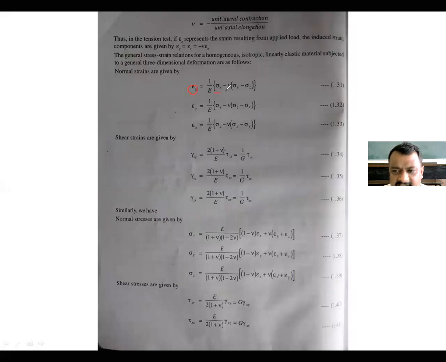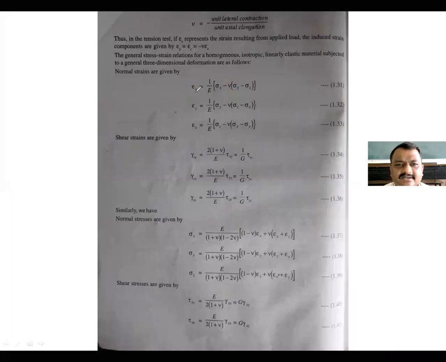Sigma x by E will be normal strain, minus nu, Poisson's ratio, nu into sigma y will be lateral strain. In y and z become lateral directions if a load is applied in x. So minus nu into sigma z will be lateral strain in that direction.